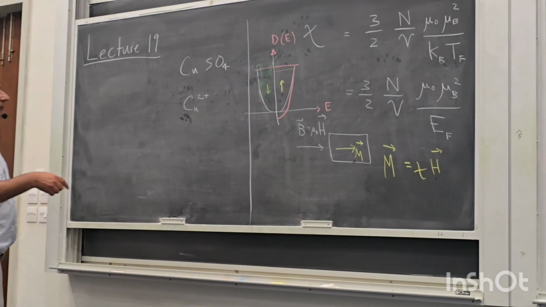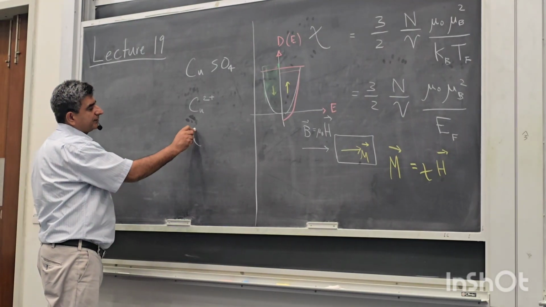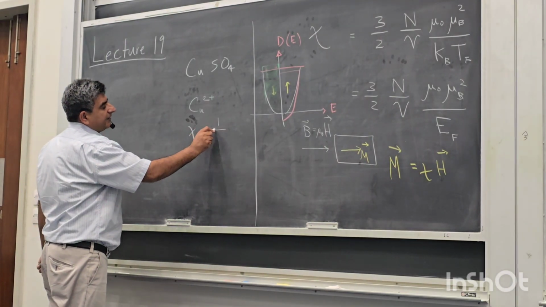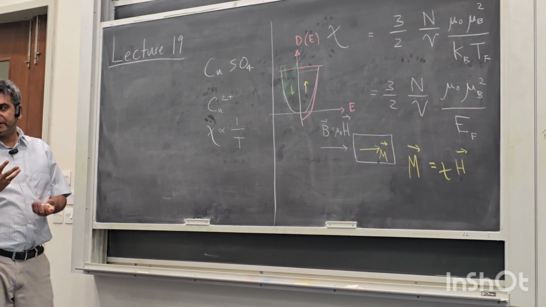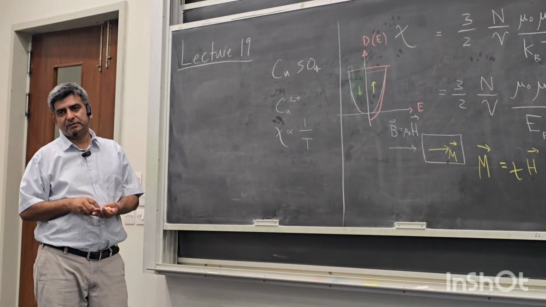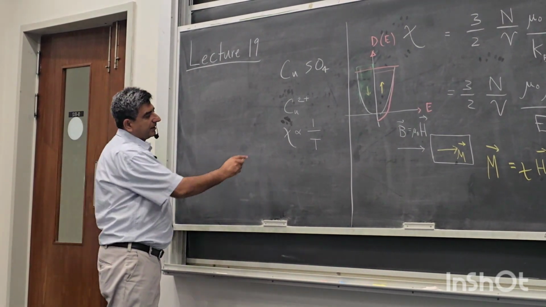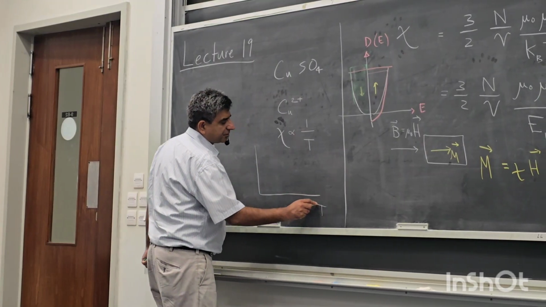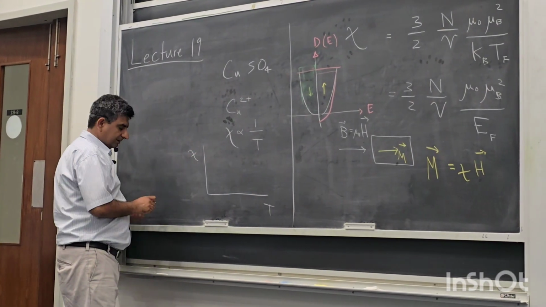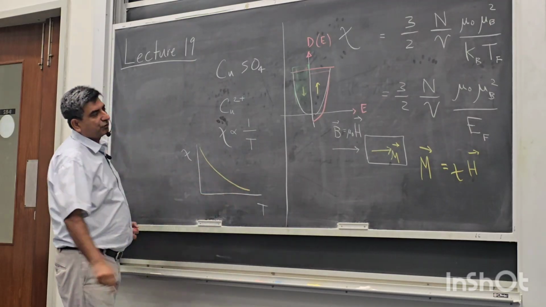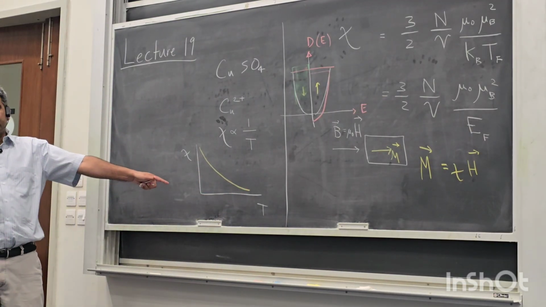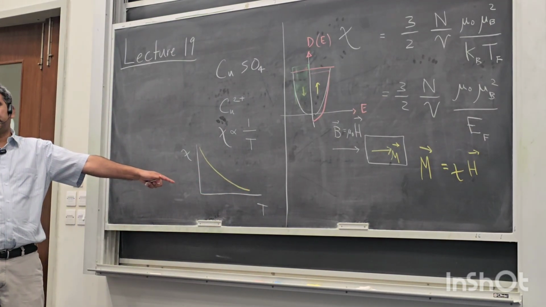Okay? So for bound electrons, the susceptibility is inversely proportional to the ambient temperature at which that salt is placed. If I make a plot between temperature and the susceptibility for bound electrons, this is what the graph looks like. So this is paramagnetic behavior for localized electrons.